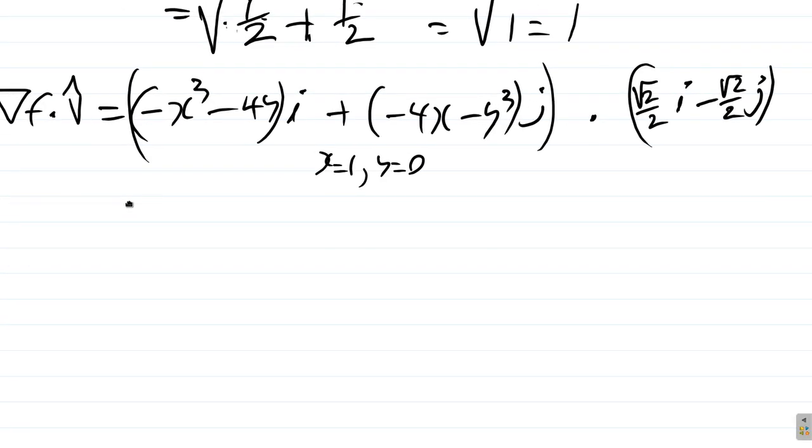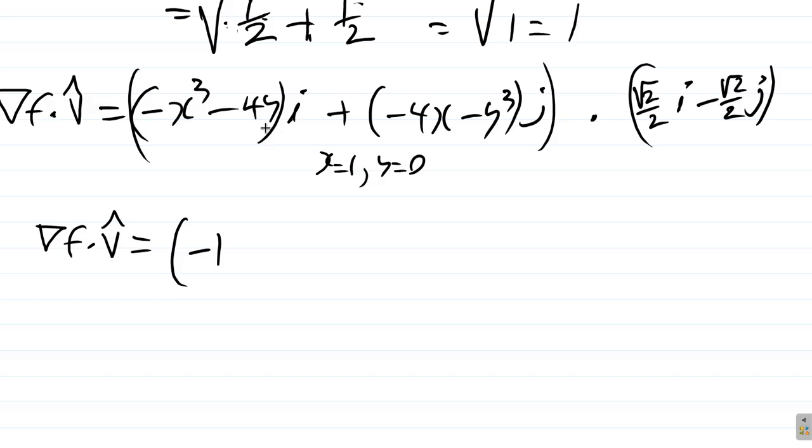Alright? So, therefore, the gradient vector of f dot unit vector: x is 1. 1 cubed is 1, so it's negative 1. y is 0.